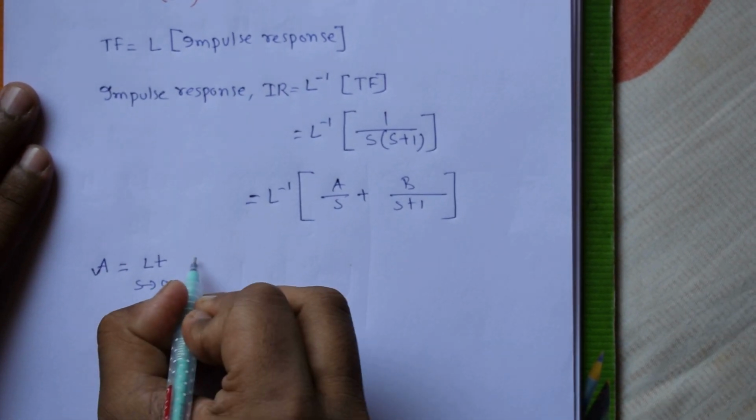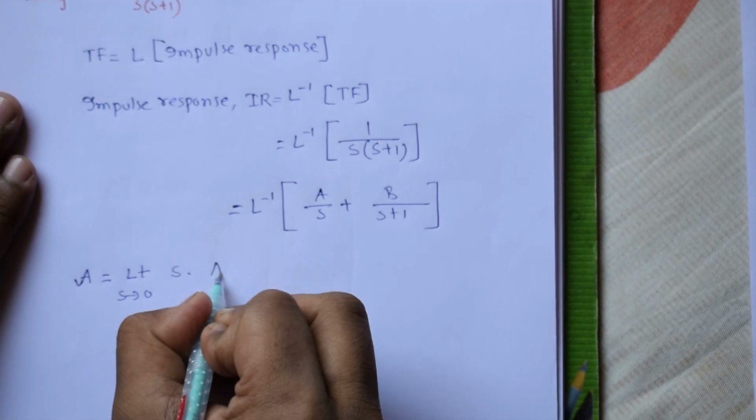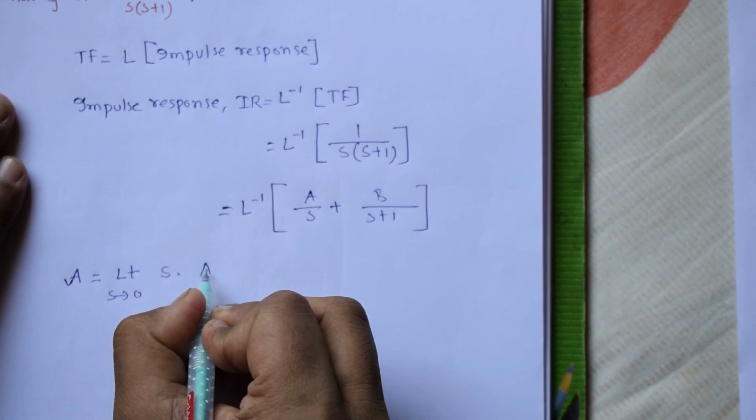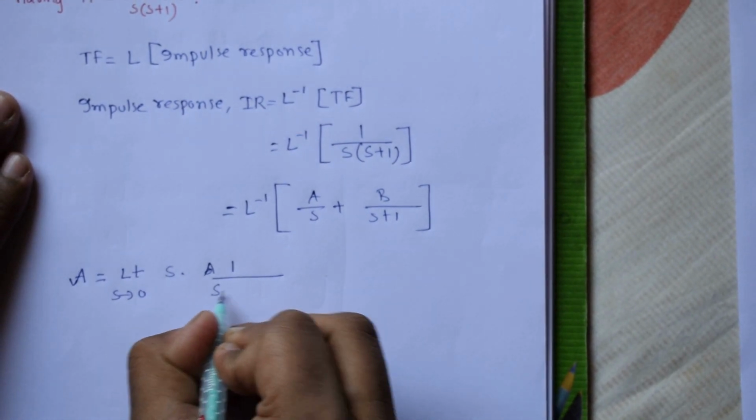Limit s tends to 0, s into 1 by s into (1 plus s).